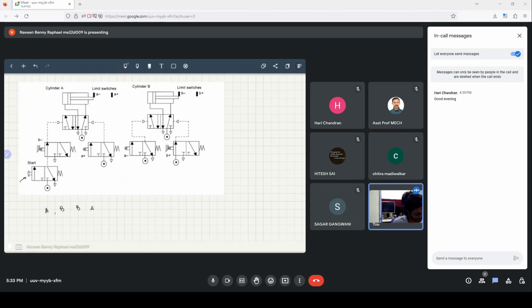Who knows? So that's the question. What's going to happen? I can give options if you want, but essentially the question is, what is going to happen to the cylinders after you have pressed this start button? In case you want options, I will write it here.